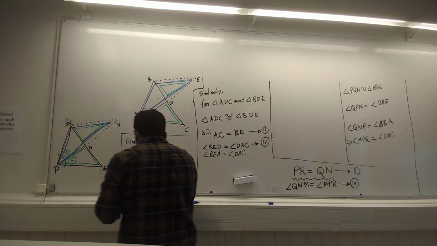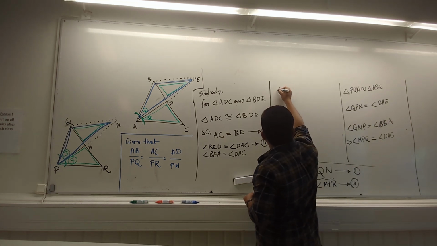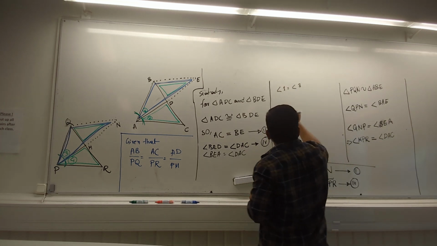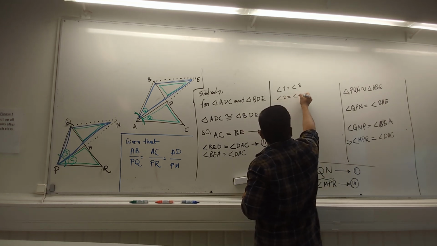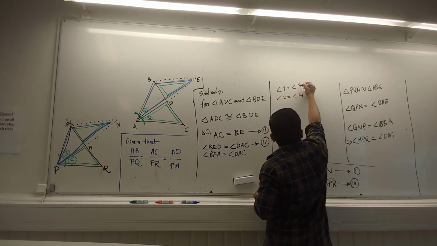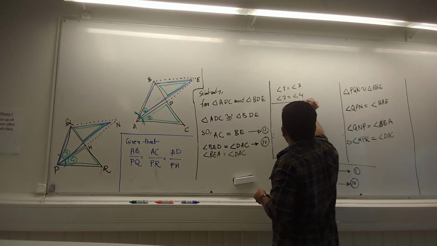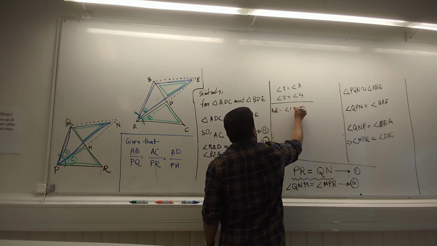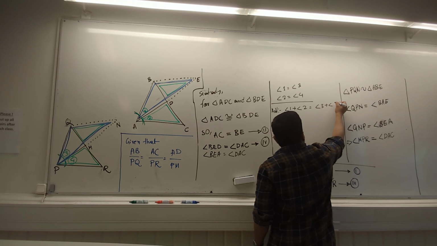So if I number them like that, you can safely say that angle number 1 is equal to angle number 3, and angle number 2 is equal to angle number 4. Then we can add them together, that angle 1 plus angle 2 is equal to angle 3 plus angle 4.